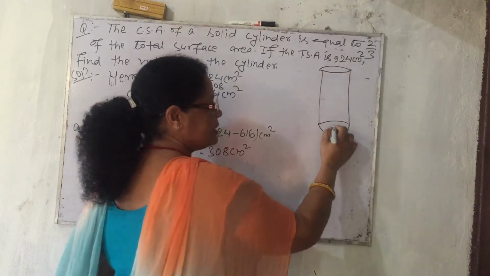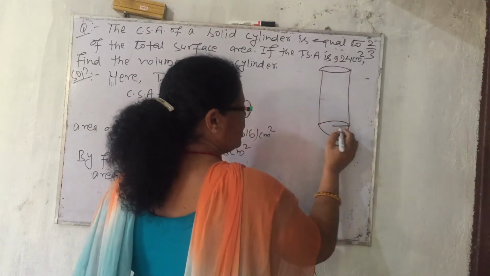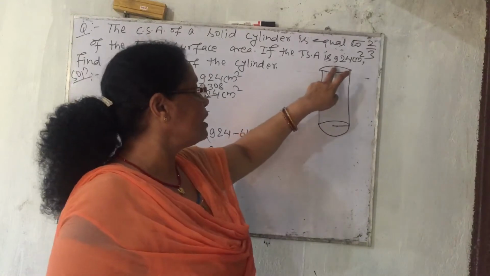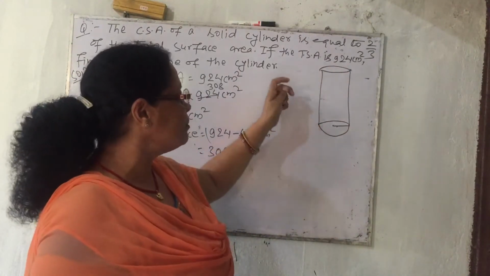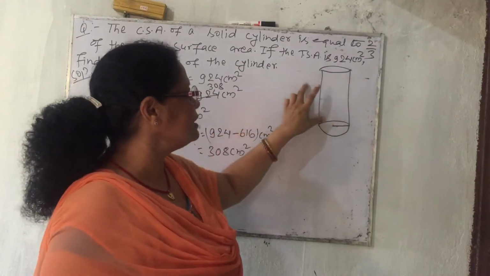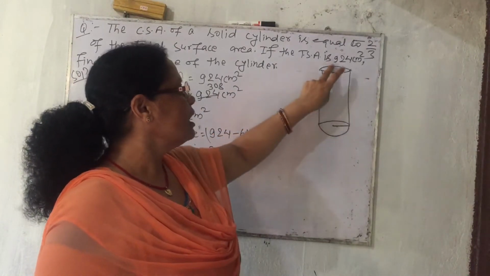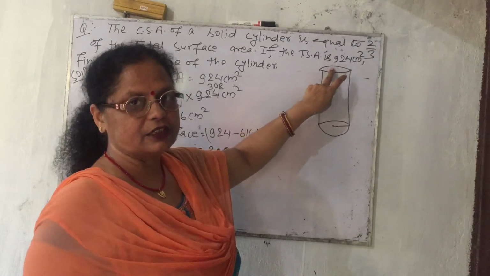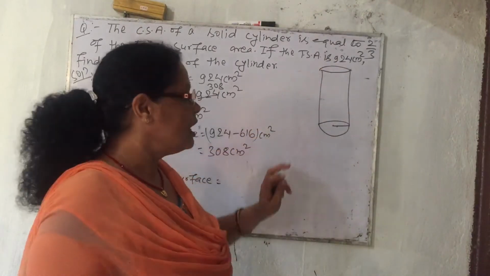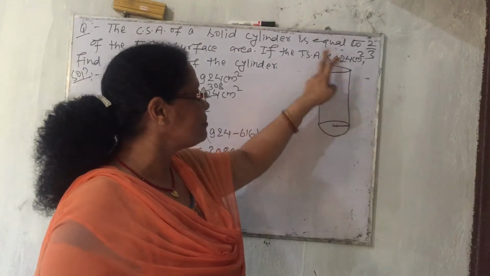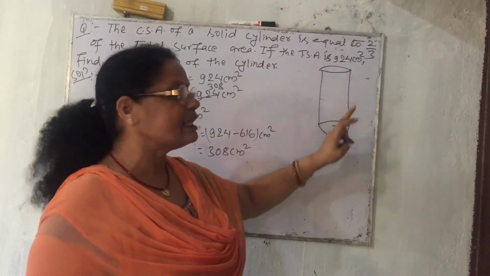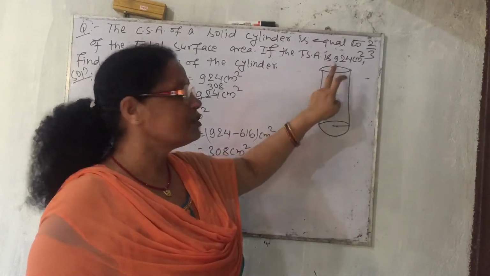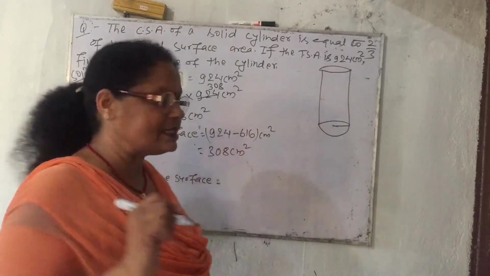Total surface area means this part, this circular part, and this circular part is also added in the total surface area. And curved surface area means only this side part, except these two circular parts. So if we subtract curved surface area from total surface area, then we will get the value of this circular part. That is the area of the plane surface.